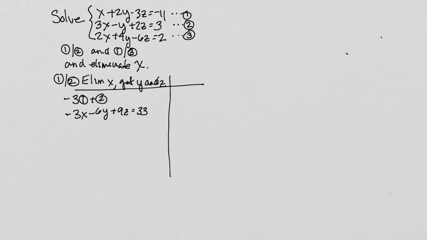And then equation 2 is 3x minus y plus 2z equals 3. And when we add these together, sure enough, the x's are gone. We'll get -7y plus 10z equals 36. So here's another equation for us. Why don't we call this one equation 4.